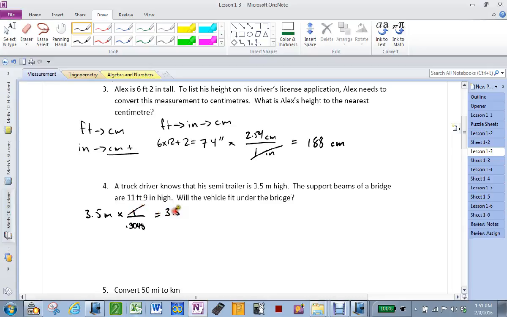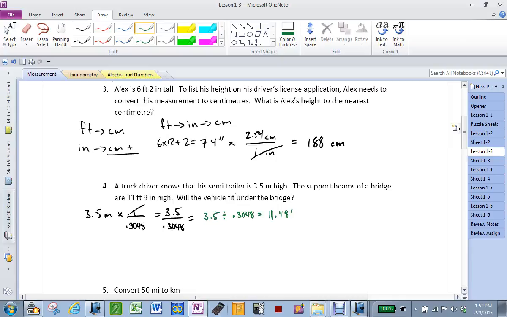So I've got 3.5 over 0.3048. What math is that? Division. So what gets punched into my calculator? 3.5 divided by 0.3048. What do I get for an answer? 11.48 feet. Do we agree? That's how tall the semi-trailer is.